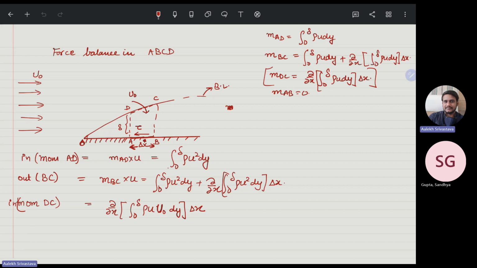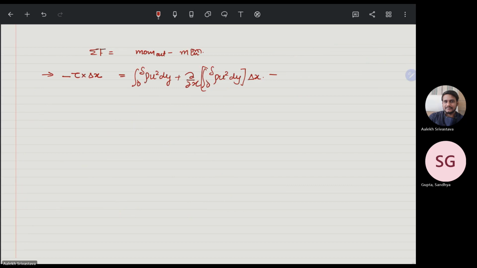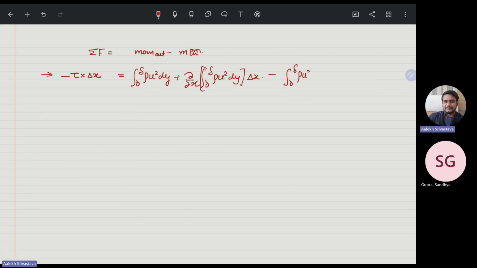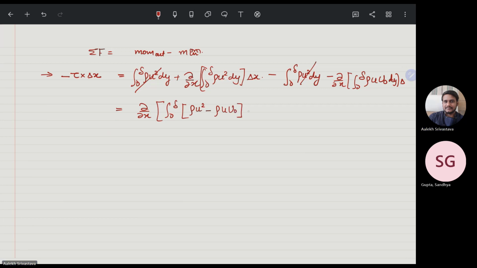Coming in is this and this, so minus the integral from 0 to δ of ρ u square dy, minus ∂/∂x of the integral from 0 to δ of ρ u U0 dy Δx. Now this term will go away, and if you take Δx common, you will get the integral from 0 to δ of (ρ u square minus ρ u U0) dy into Δx is equal to minus tau into Δx.